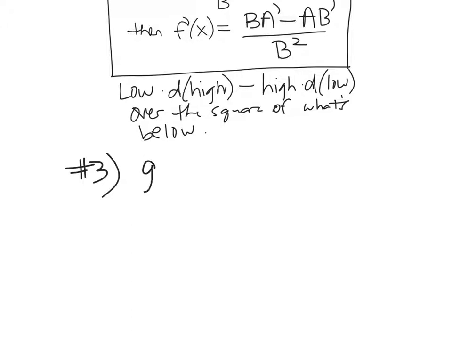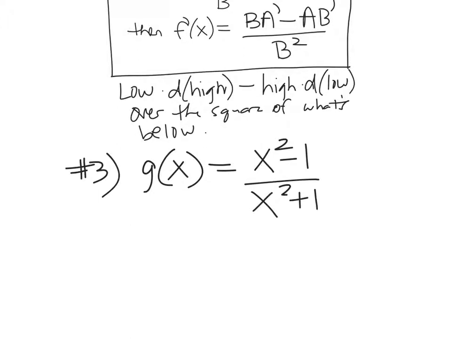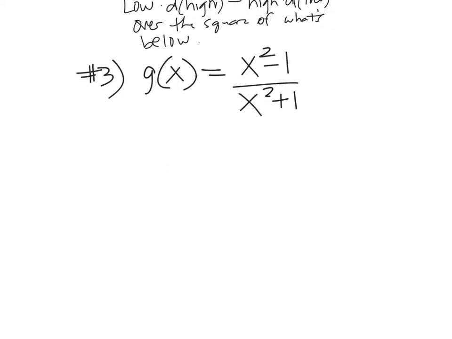All right, here we go. Let's do one. g of x equals x squared minus 1 over x squared plus 1. We're going to find the derivative of this. This one would be terrible to do with the limit as h goes to 0. I'm glad we have the quotient rule to use now. So we're going to find g prime of x. Here we go, low d high. Low is x squared plus 1. d high is the derivative of the top.